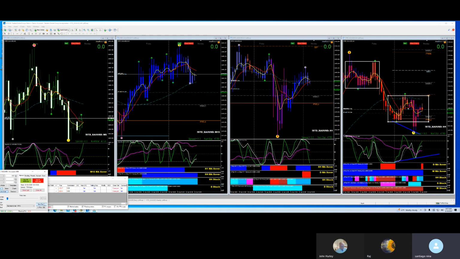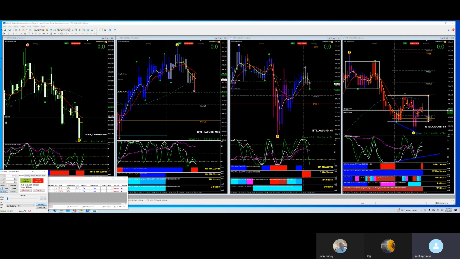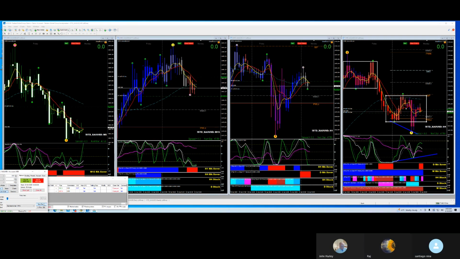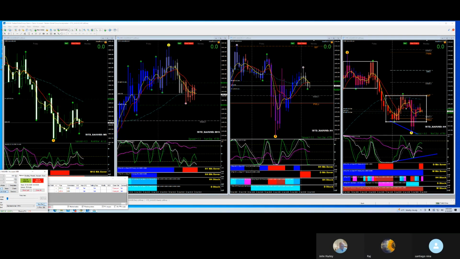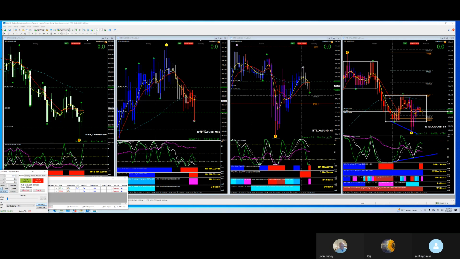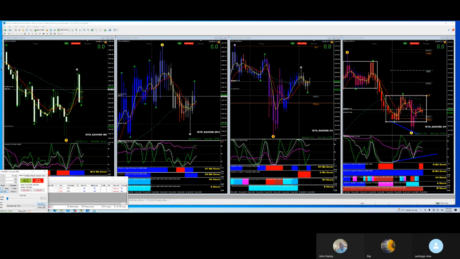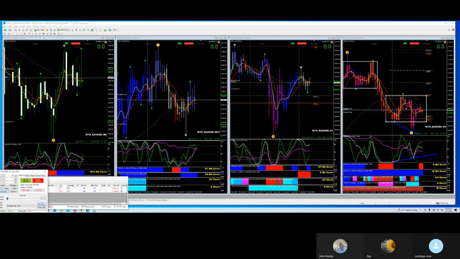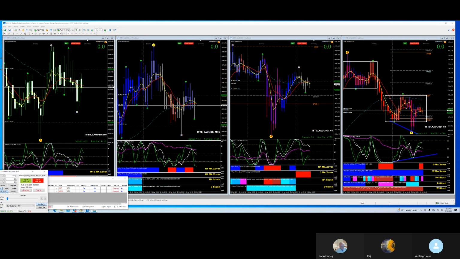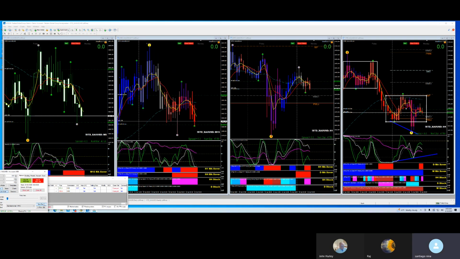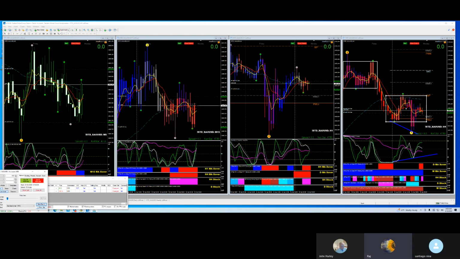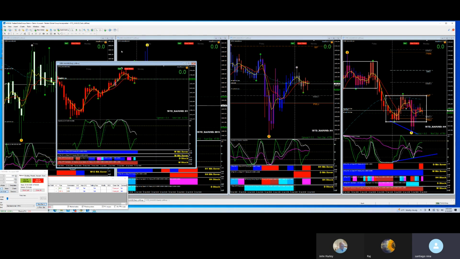All right, the 1 hour is tempting to give a trend trade, and trying to get back into the downside. Let's look at the daily. Actually, let's just keep the daily up here.